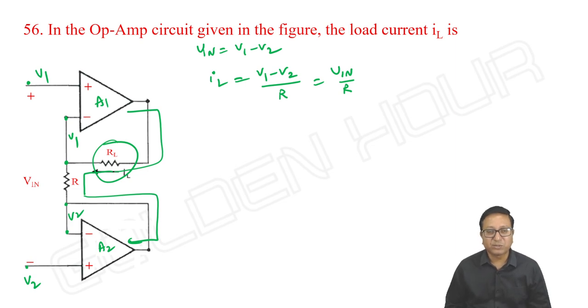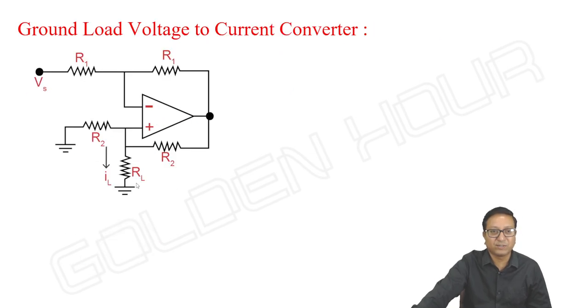IL will be flowing through RL and R. That's it. Here I am not looking at any voltage, just a load is connected. The current through that load varies depending on the input you are giving. So these are some circuits with a floating load, voltage to current converters.